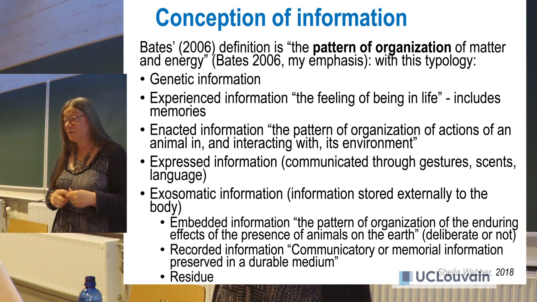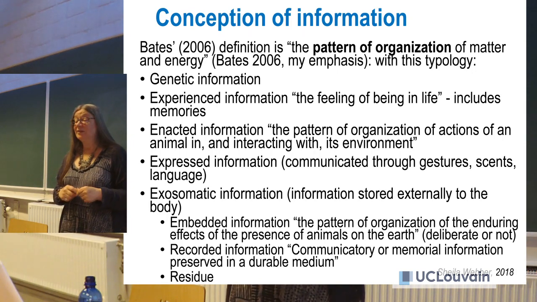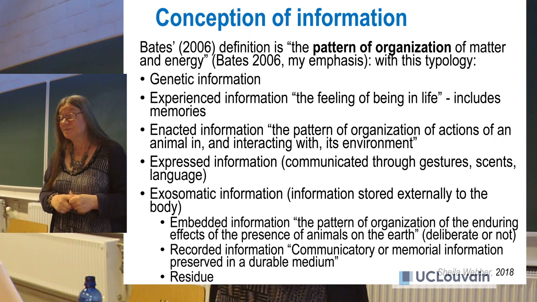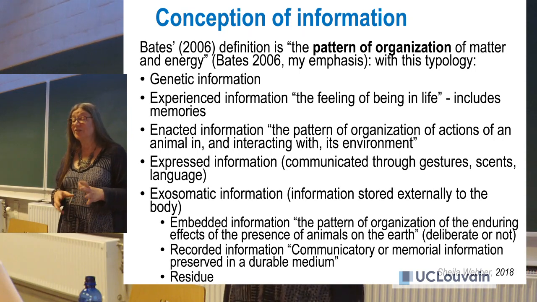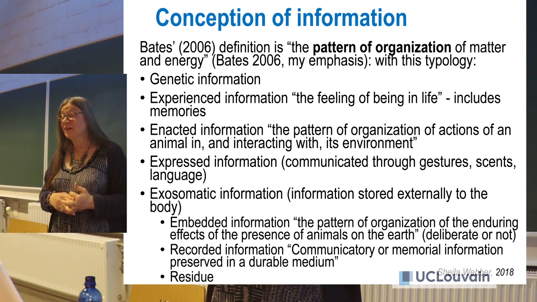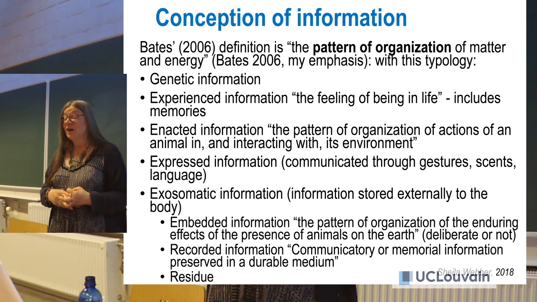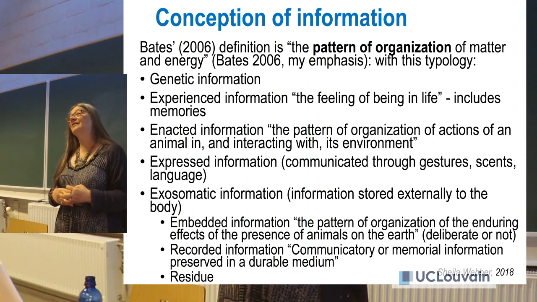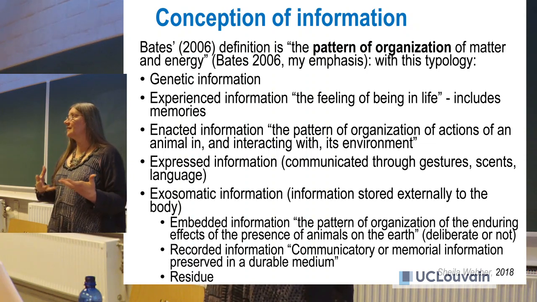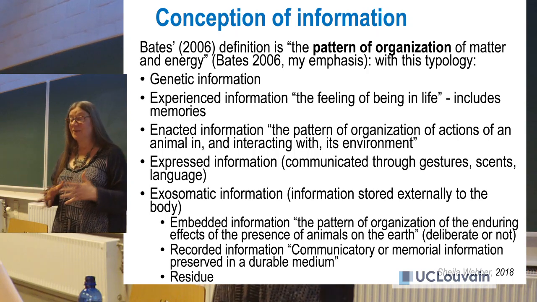Then experienced information, which includes memories, enacted information, the pattern of organisation of actions of an animal, and animals include human beings, interacting with its environment. So that's things that one might do, but without leaving some sort of record anywhere.